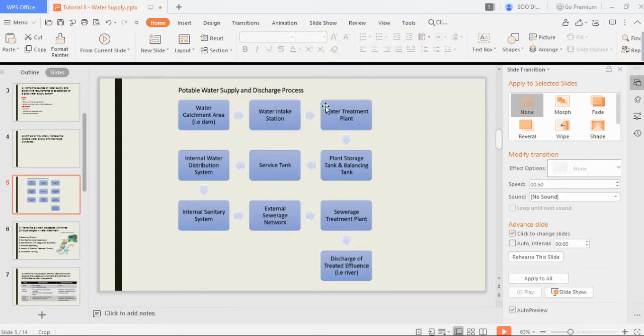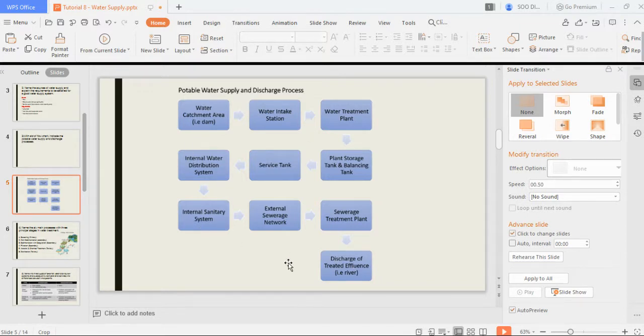Then it goes to a water treatment plant, then the plant storage, then the service tank, and the internal water distribution system, and then to our internal sanitary system, which is actually in our house. Then it goes out to the external sewage network and to the sewage treatment plant. Finally, once it is treated, it will be discharged to the river.